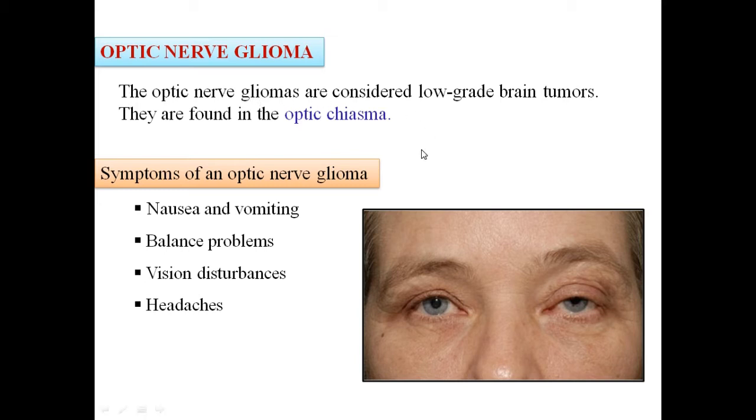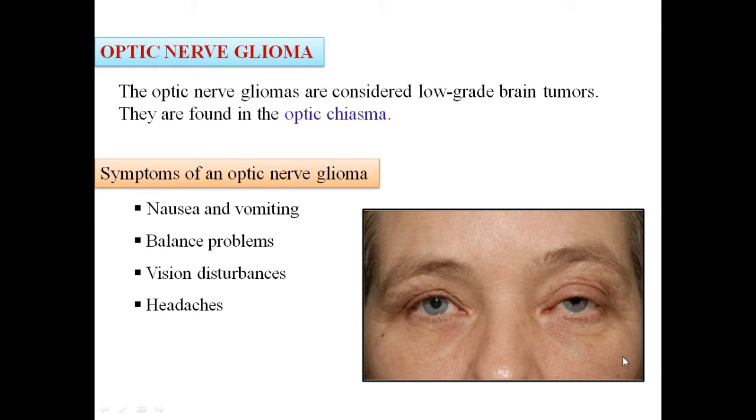When the glial cells have defects, it is considered a low grade brain tumor, present in the optic chiasma. Here the cells are out of control, and as a result small tumors are seen in the optic chiasma.